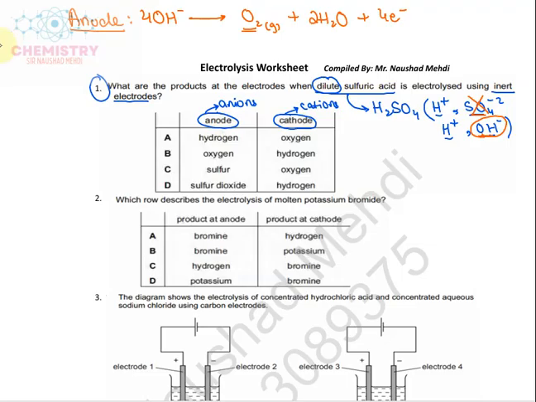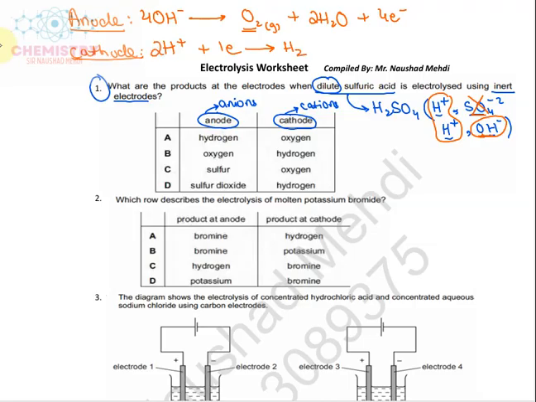Similarly, if we talk about the cathode, the cations would be going over there, and at the cathode you have only one cation, which is the H+ ion, common from both the sulfuric acid and the water. If the H+ ion goes to the cathode, it gains electrons. The H+ ion needs one electron, and after one electron gain it would form hydrogen, but hydrogen always exists in the diatomic form, so it would be H2.